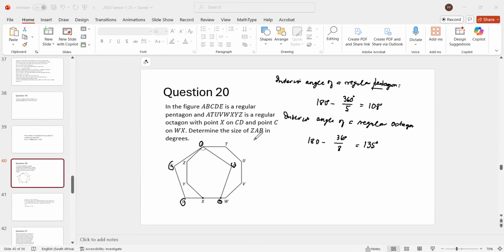All right, so the point is you need to calculate this angle here, ZAB.